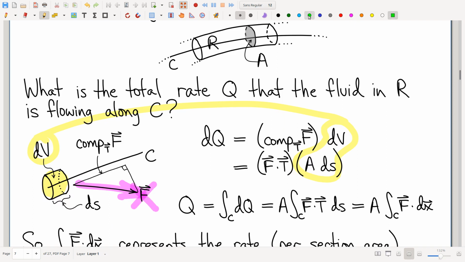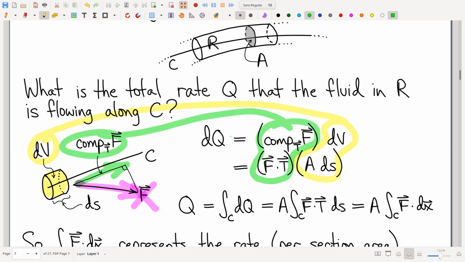I'm interested in this component, the component along the curve. And that component is, of course, computed with dot product with the unit tangent vector.